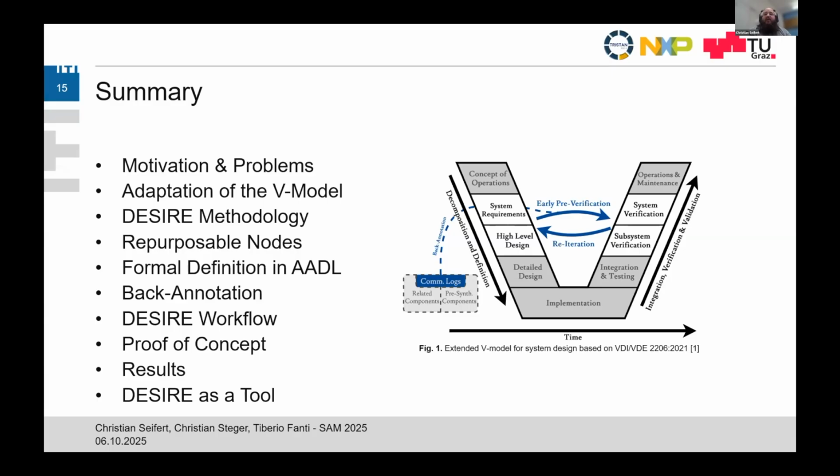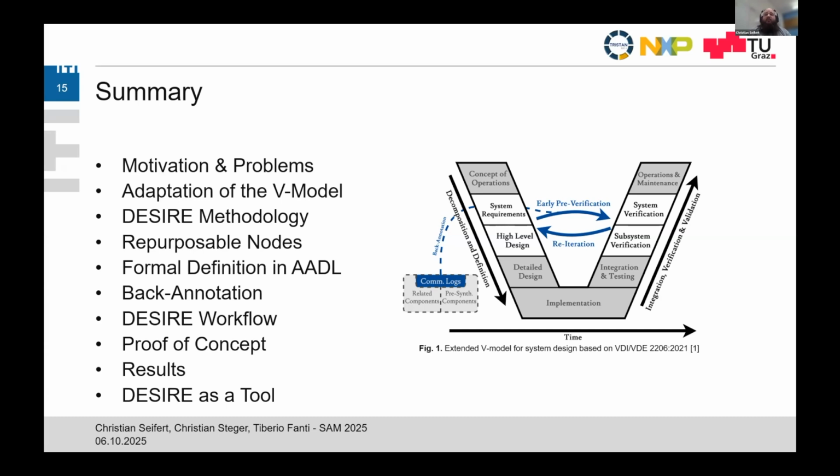Furthermore, we talked about the back-annotation process itself, how data is gathered and fed into nodes in order to more closely align the nodes to real or more close to real systems. Then we talked about the workflow of Desire and how our already existing architectural system can be estimated via this methodology.